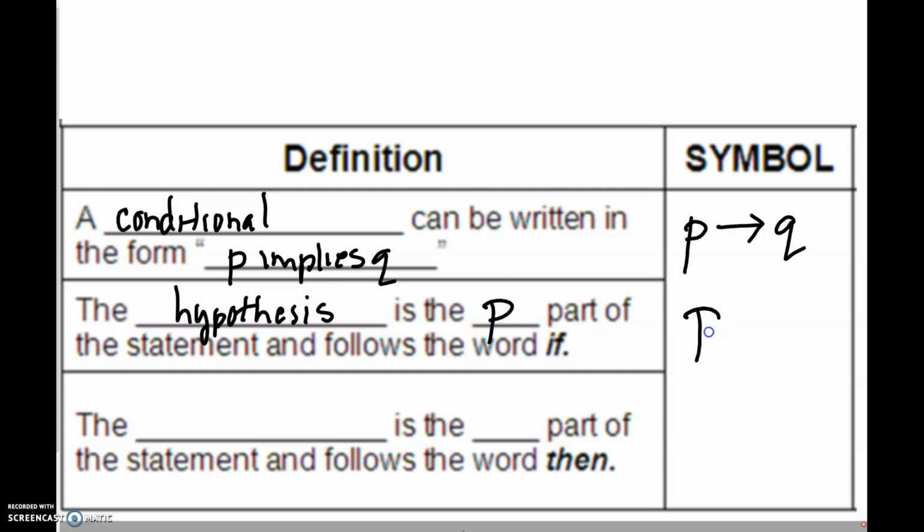So P is the hypothesis. A lot of times we call that the subject. So if you're thinking of language arts, when you had to diagram sentences, P is your hypothesis.